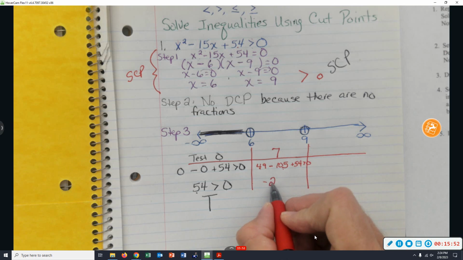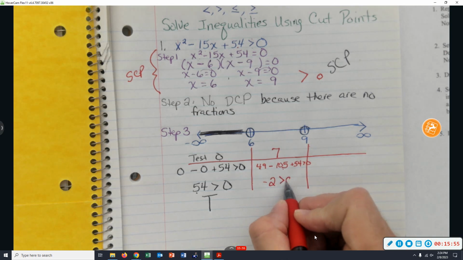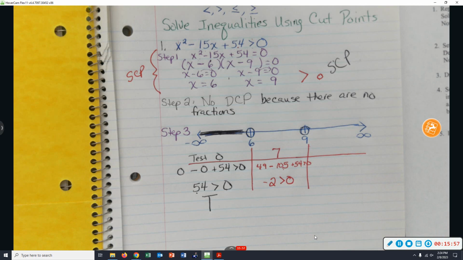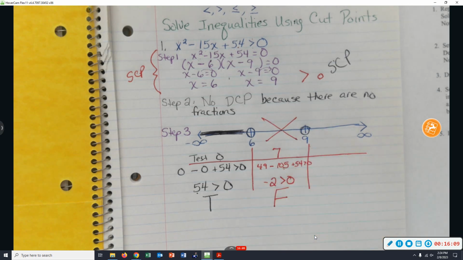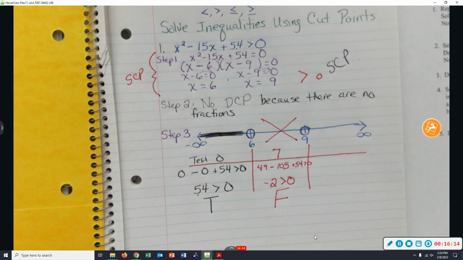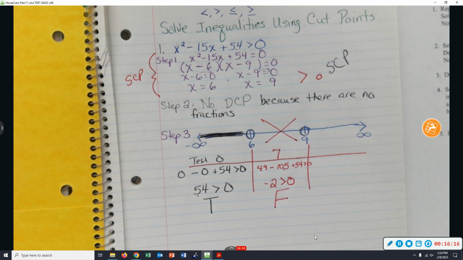Does anyone want to check me there? Okay. True or false? Negative 2 is greater than 0. False. Cross it out, or write F. If you were given a true-false test and someone told you beforehand the answers alternate, what do you think the next interval is going to be?